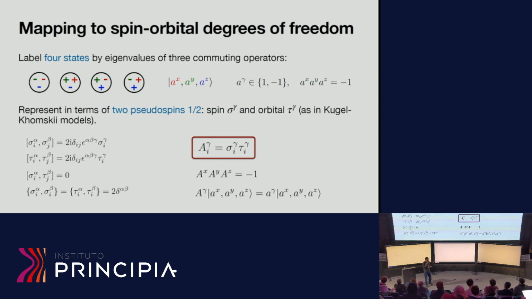All the interactions that I showed you before can be written in terms of these operators that are products of sigmas and taus with the same component along gamma, which will be x, y, or z. With this constraint that just comes from the Pauli algebra, that the three products multiply to -1 on every site. And these labels here for the states are just the eigenvalues of all these three operators.